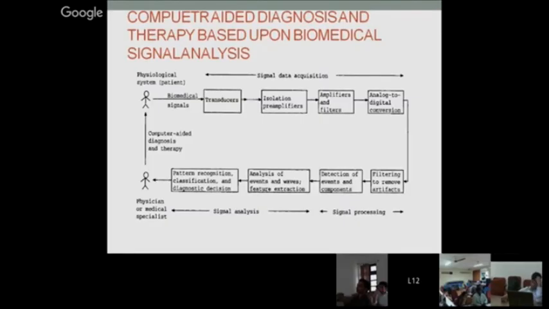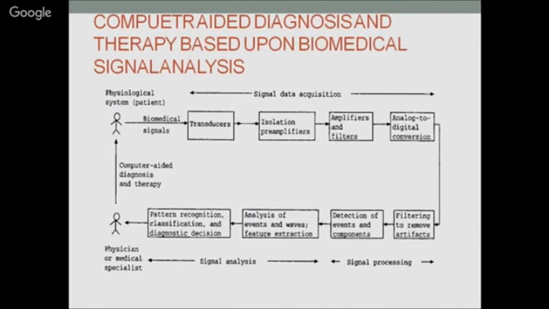Okay, so in this block diagram you can see that the physiological system is nothing but the patient. The signal is coming from the subject. The transducer will convert that into electrical form, because whatever the signal is, it is useful for us only when it is in electrical form. So, isolation preamplifier.